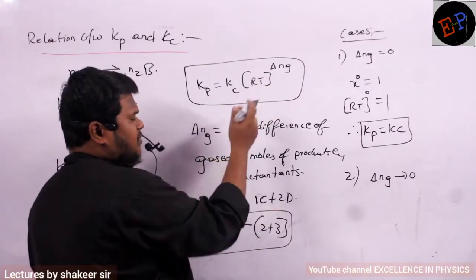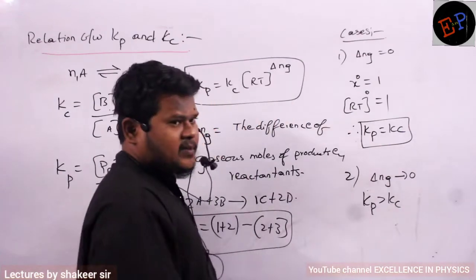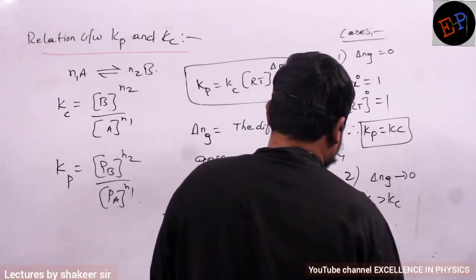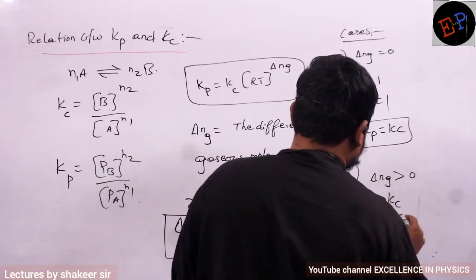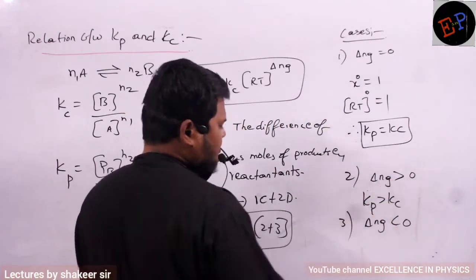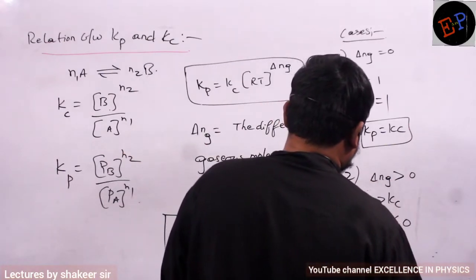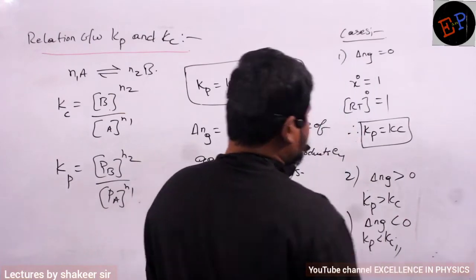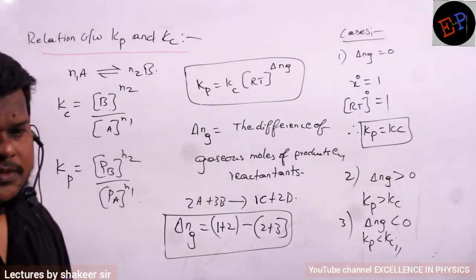So Kp must be greater than Kc. Case number 3: delta Ng is less than 0. Then I have to write the opposite statement: Kp is less than Kc. These are the 3 cases which you have to remember in the case of Kp as well as Kc.